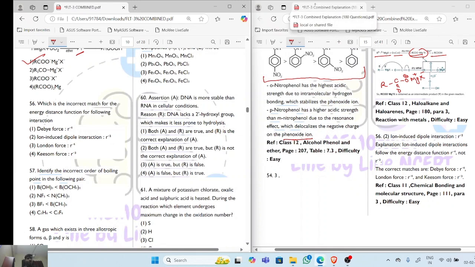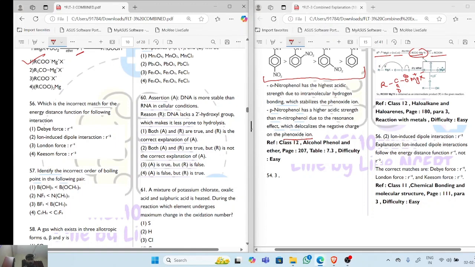Now comes question number 56. Which is the incorrect match for the energy distance function for the following interaction? We are given Debye force, ion induced dipole interaction, London force, and Keesom force. The ion induced dipole interaction with r to the power minus 2 is the incorrect one.